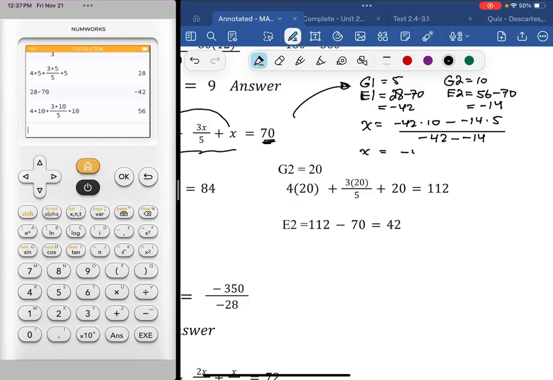So that's going to be negative 420 plus 70. All right, 2 negatives make a positive. All right, negative 42 plus 14 is negative 28.